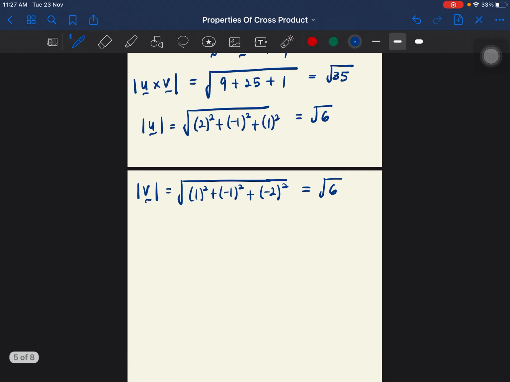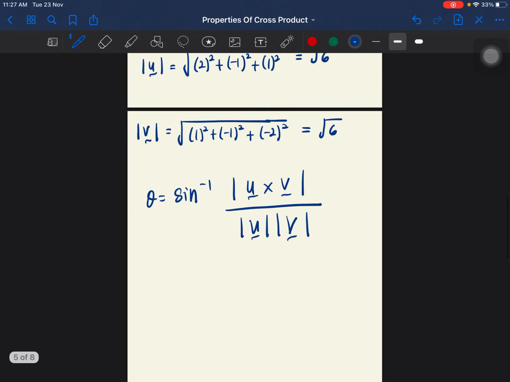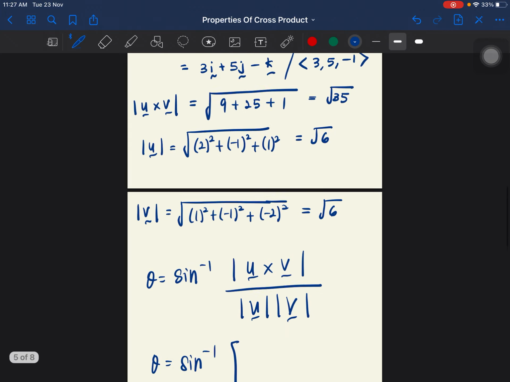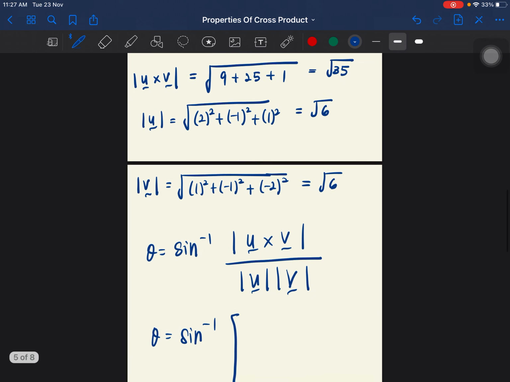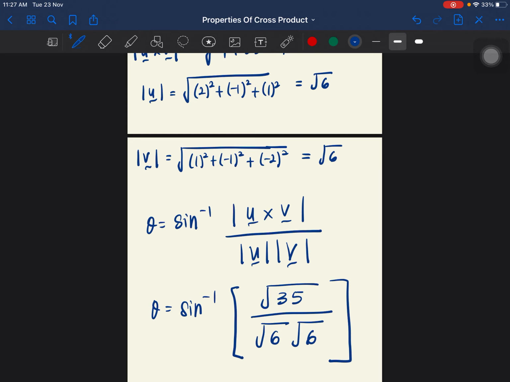Therefore, theta is equal to sine inverse of the magnitude of U cross V over magnitude U multiplied by magnitude V, which is equal to sine inverse of square root 35 over square root 6 multiplied by square root 6.